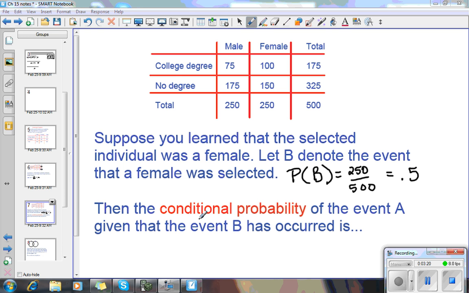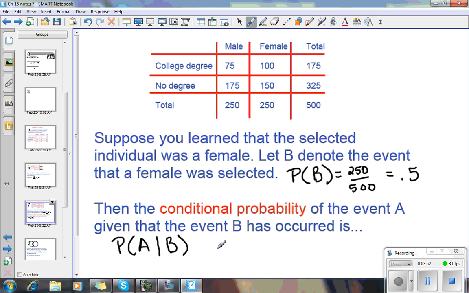So this is dealing with something called conditional probability. And what that means is given that the condition that we chose a female. So when you are doing conditional probability, you are given some condition that's being satisfied. So our notation we're going to use looks something like this: the probability that event A occurs given that event B occurred.